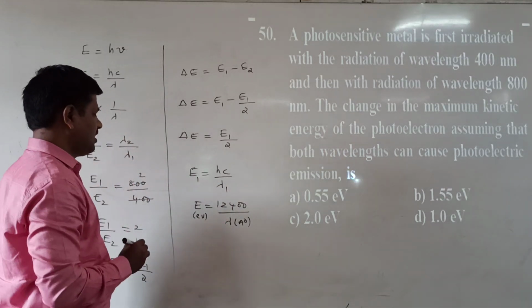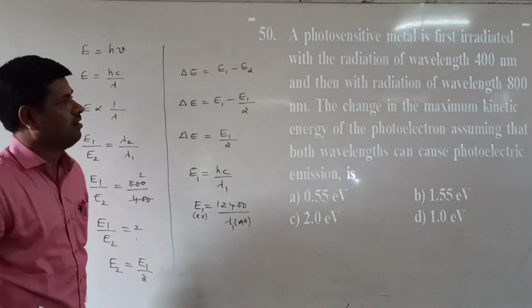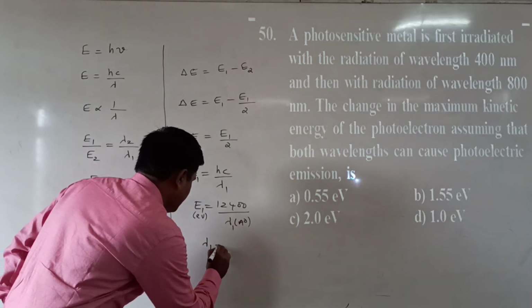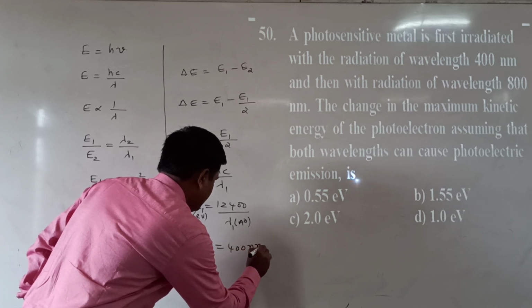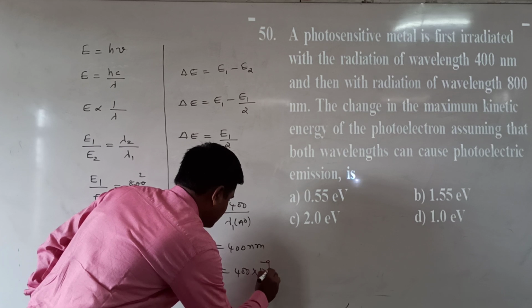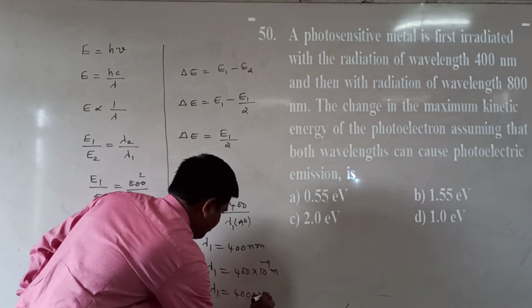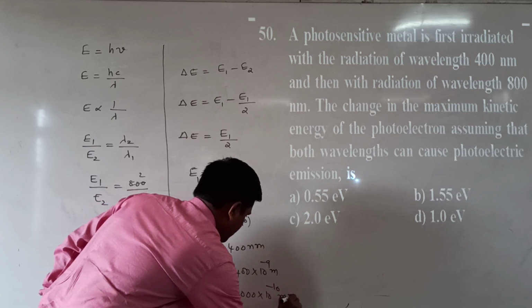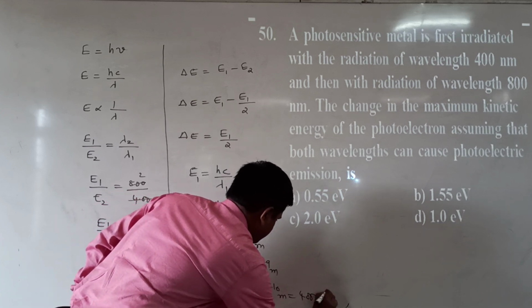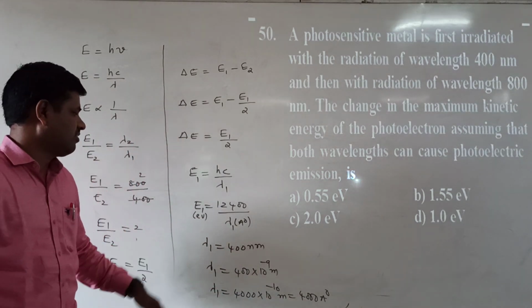Generally, for E1 we require lambda 1 in angstrom, but lambda 1 is given in nanometers, 400 nanometers. Now lambda 1 is equal to 400 into 10 power of minus 9 meters. So we have to write it like this: 4000 into 10 power of minus 10 meters, or 4000 angstroms. That 4000 is in angstrom, so we substitute it in this direct formula.